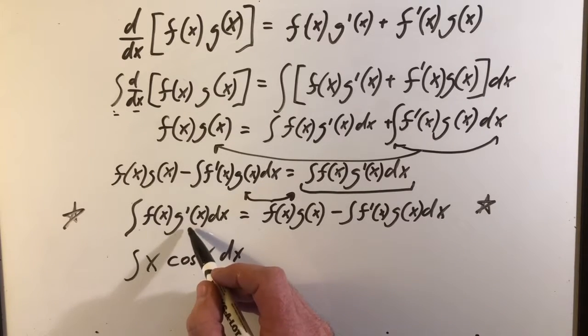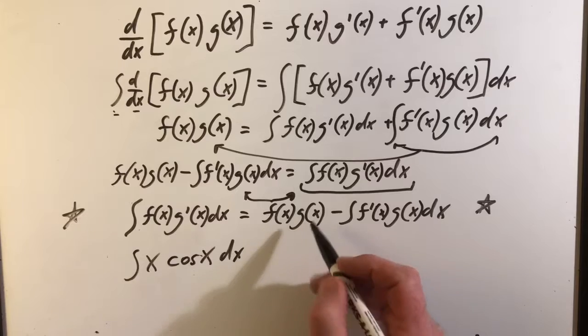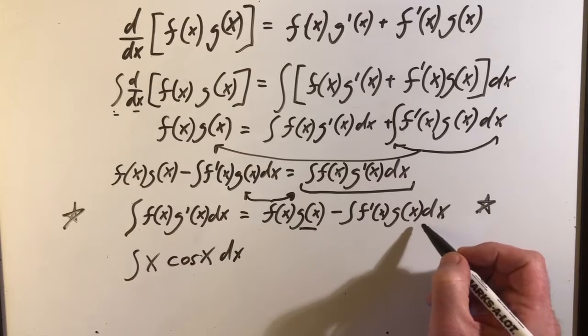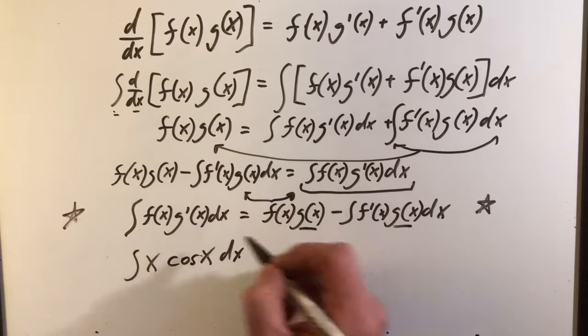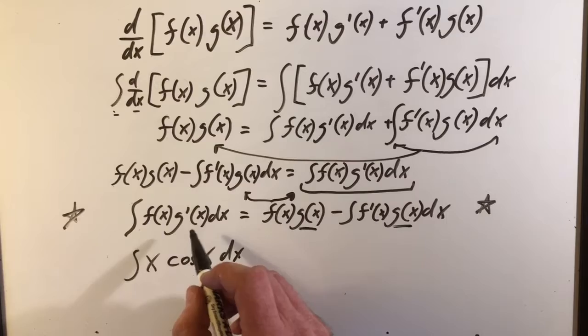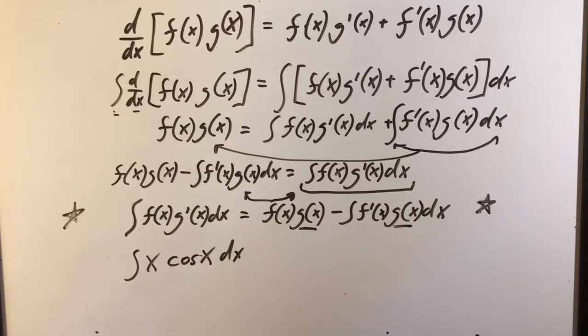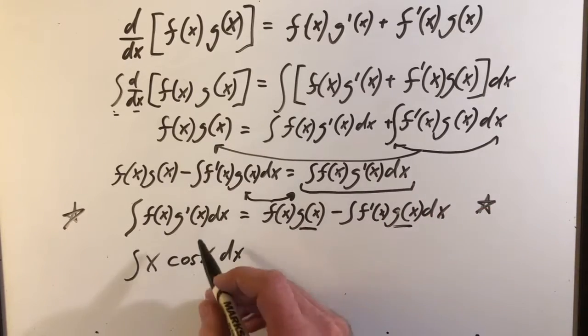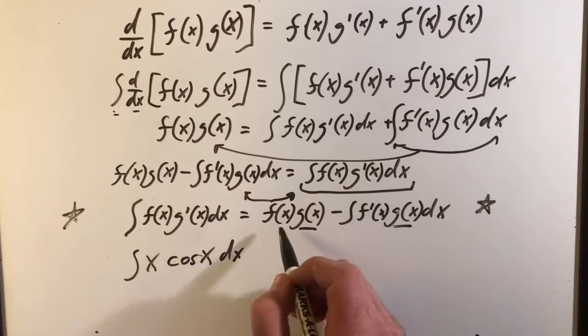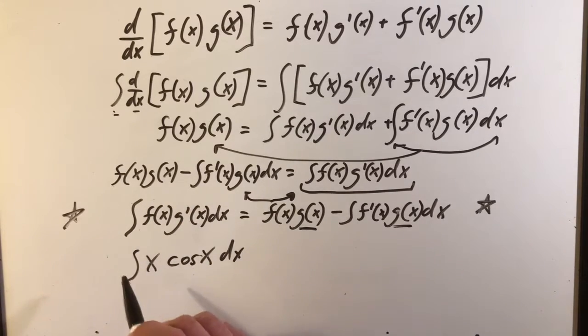If you look over on the other side of the equal sign, you do need to take the integral of g prime to get just plain g of x. And then you take f of x, plug it in here just as is.